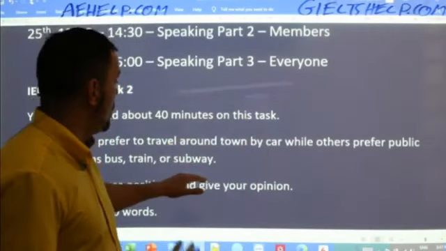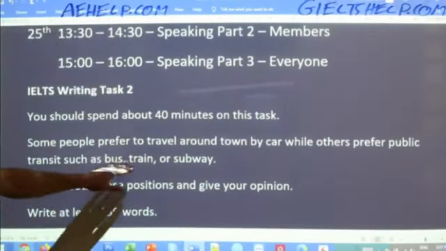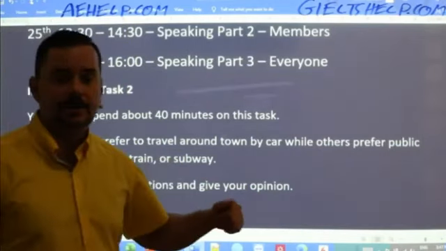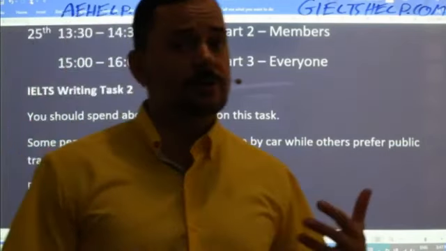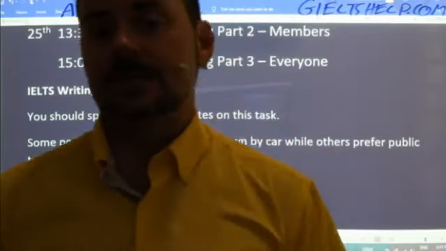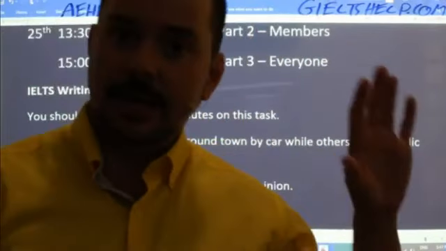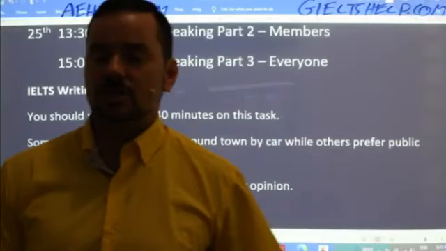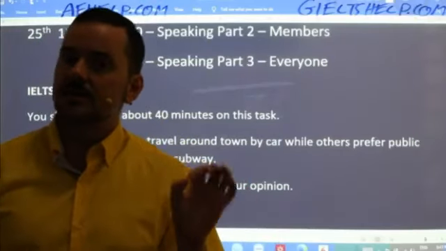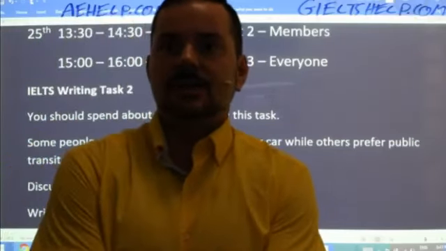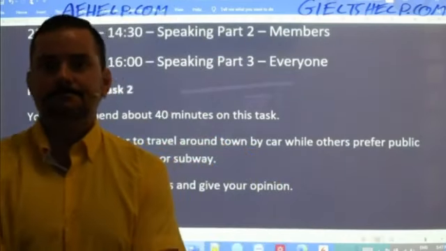It just says, why do people prefer one? Why do people prefer the other? It's easy to write a 300-word essay just on the preferences, not on the advantages, disadvantages. So preferences is not the same word as advantages and disadvantages. Okay.